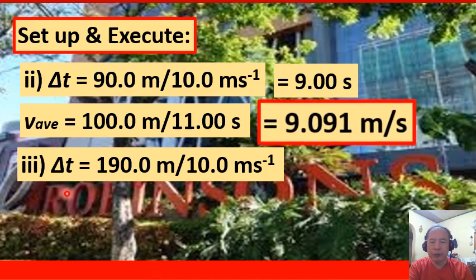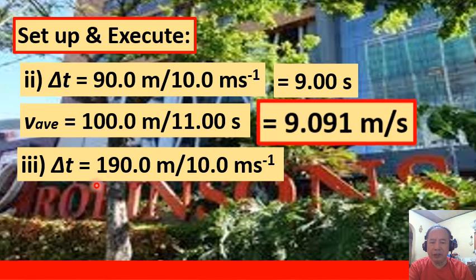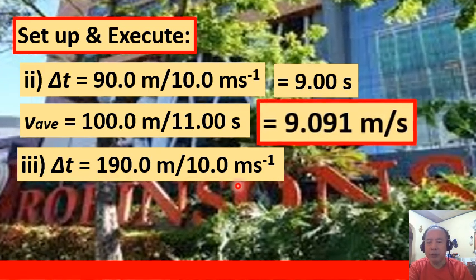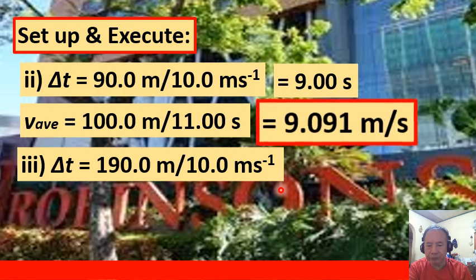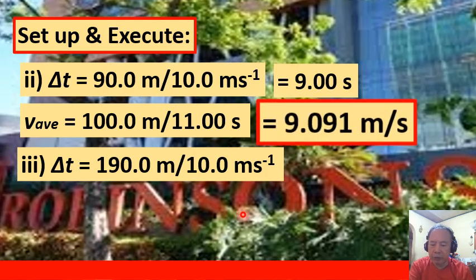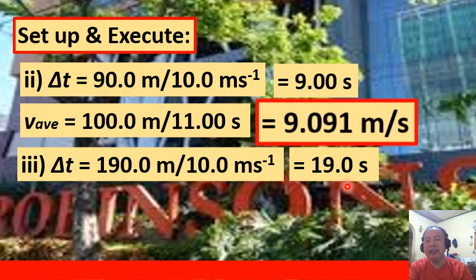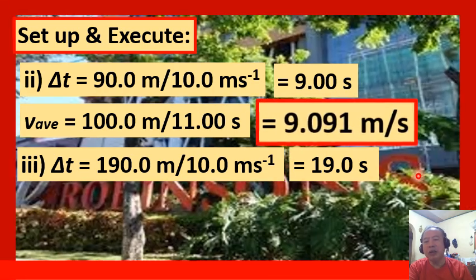So the time interval delta t is 190.0 meters divided by 10.0 meters per second, right? And we will get the time interval delta t for this event equal to 19.0 seconds, also rounded to 3 significant figures.